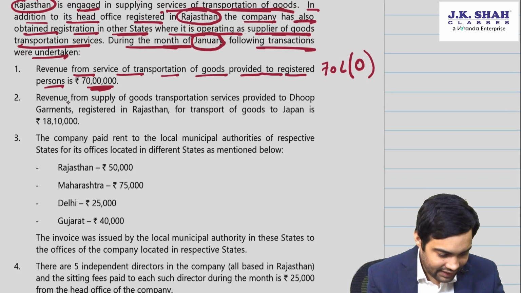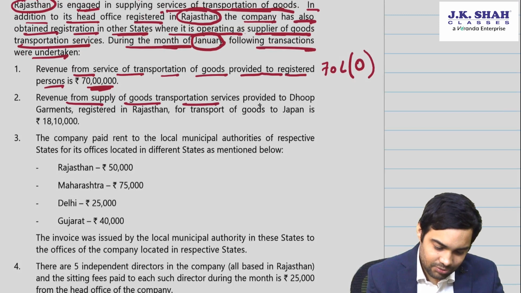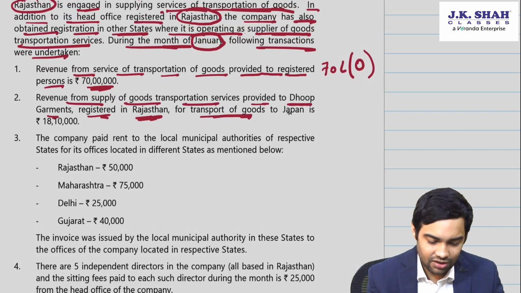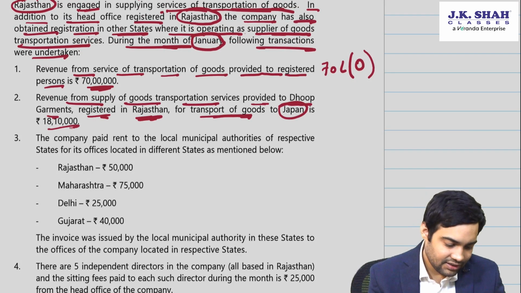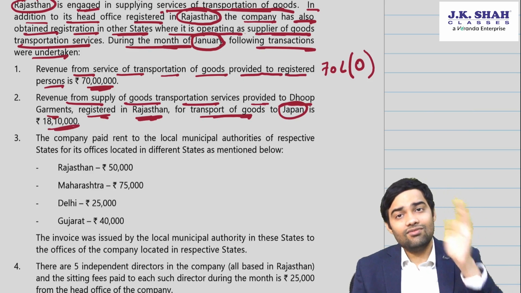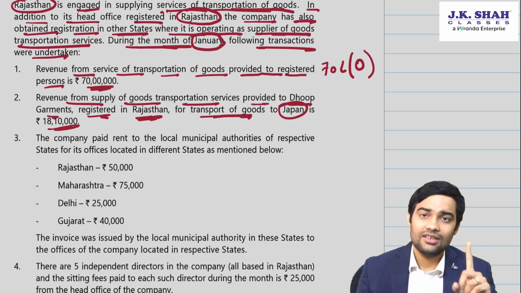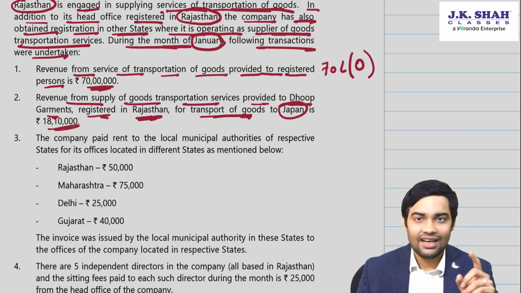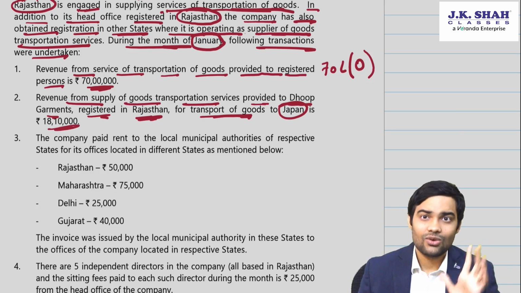Okay. Then revenue from supply of goods transport services provided to Dhoop Garments registered in Rajasthan for transportation of goods to Japan is 18 lakh 10,000. Even if the goods are going outside India, there used to be a proviso under section 12(8) saying that if the goods are going outside India, then the place of supply will be the destination.